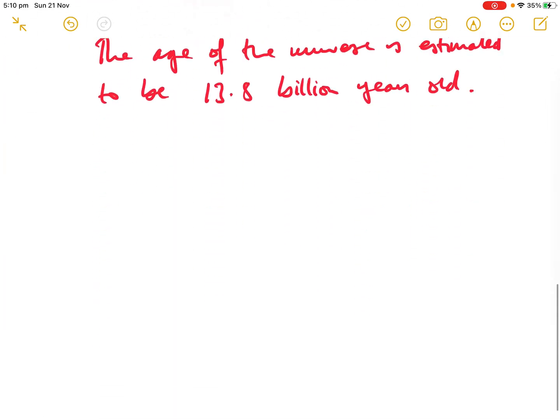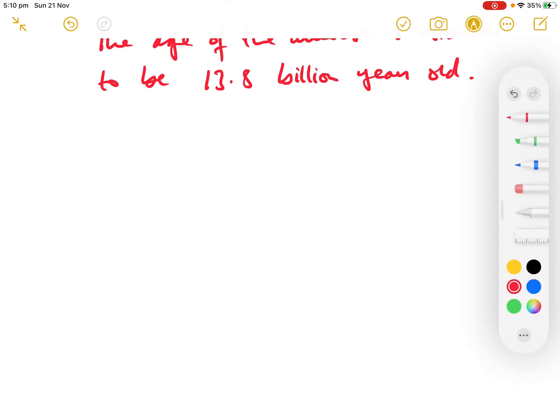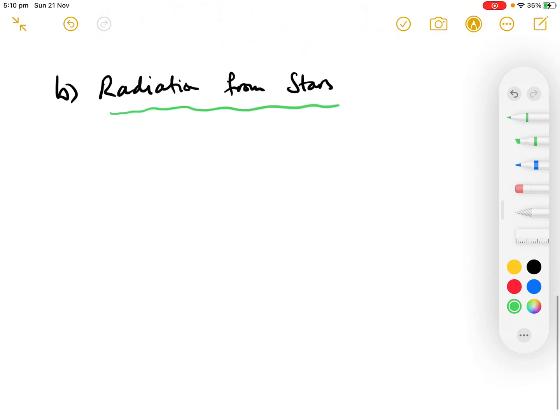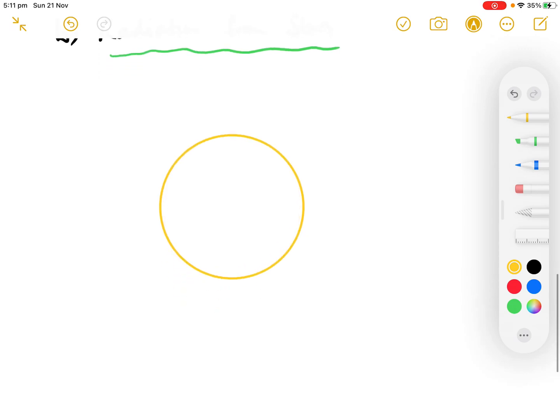Okay, we now go on to part B, radiation from stars, stellar radiation. Well, let's imagine we have a star. You can imagine the sun, for example, as being that star. It's a big sphere of ionized gas. It's very, very hot.